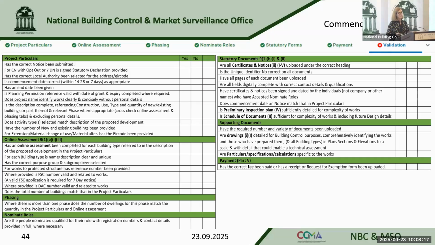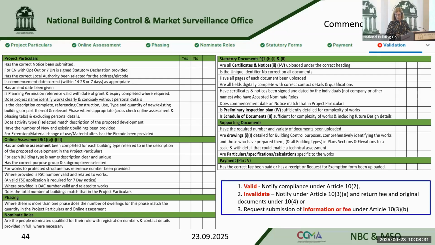So it is an administrative check for validation purposes. Trina Leahy from Limerick actually has prepared the video, so it's very useful for anyone in building control just to watch and listen to it as well. As I said, once they've done this, they have three options: to validate and notify the owner, to invalidate, or to request submission of information or fee.